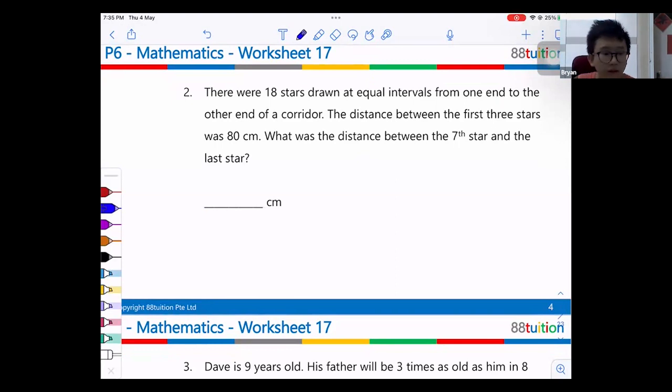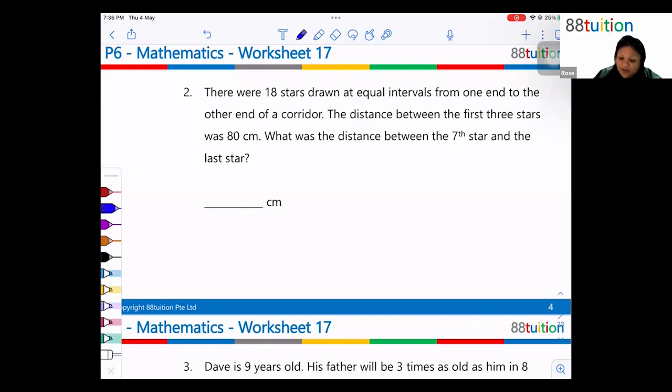How many gaps do you have between your fingers? 4. Oh my goodness. 5 fingers, 4 gaps. So if you can see from here, the number of gaps is always 1 less than the number of fingers, right?